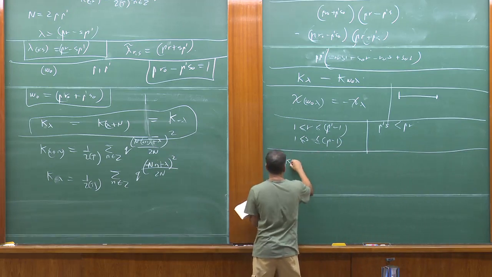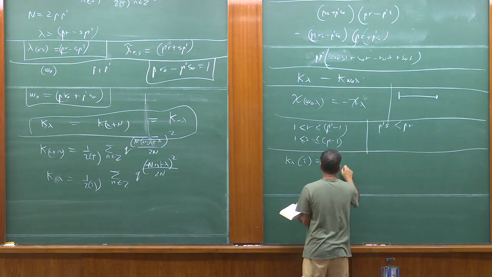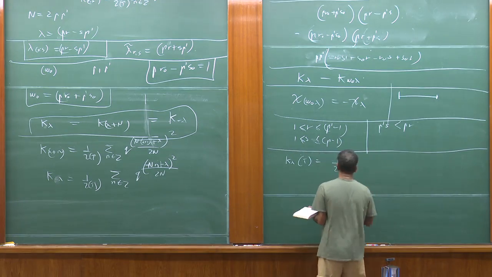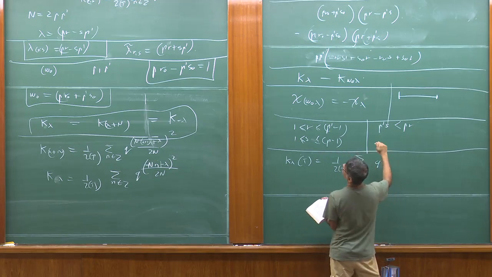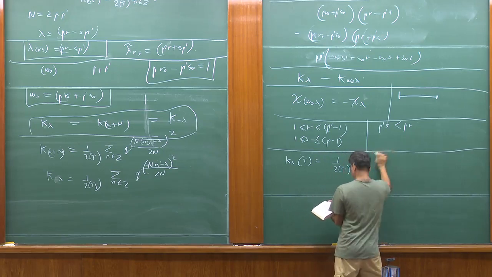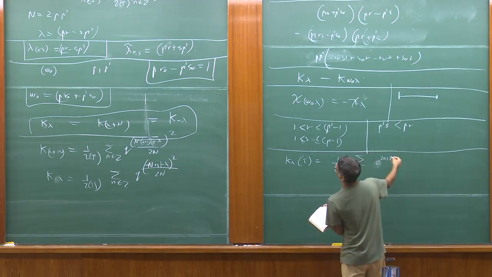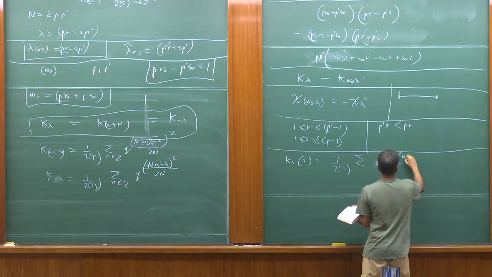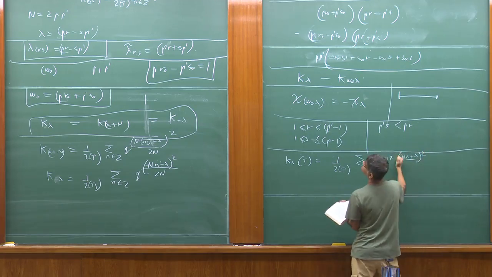So k_lambda of tau was equal to 1 by eta of tau, and then a sum over e to the power 2 pi i tau times (2n p p prime... n plus lambda) whole squared by 2n.